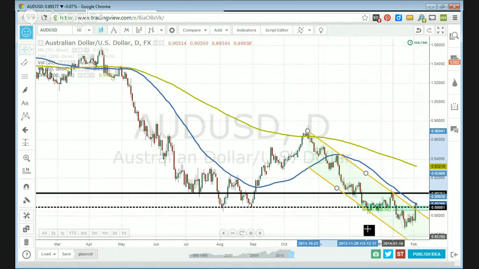I'm not a huge fan of channels. I think they're kind of useful as a guiding light to add some structure to your view of the market. But basically, my conclusion from this channel here is that we've pulled back sufficiently in this trend.